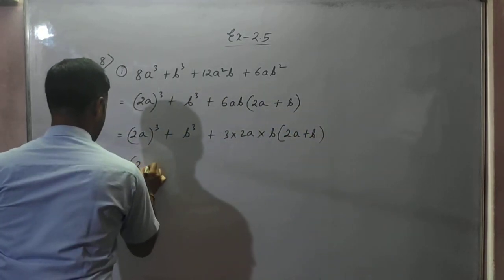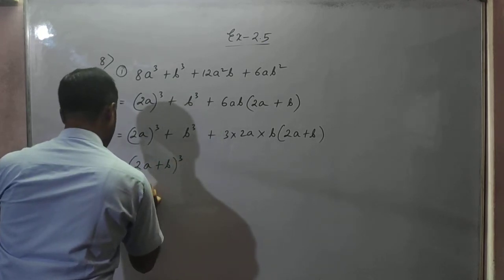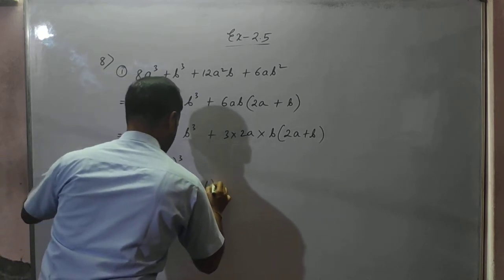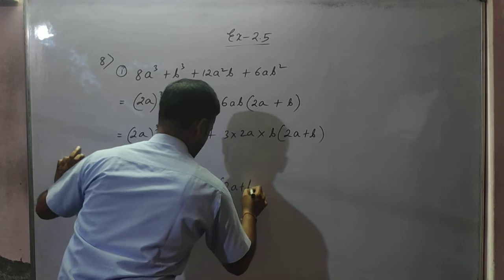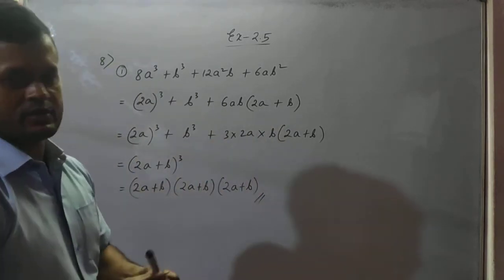So this is a plus b whole cube, 2a plus b into 2a plus b. Okay, students, very easy. Just you see.